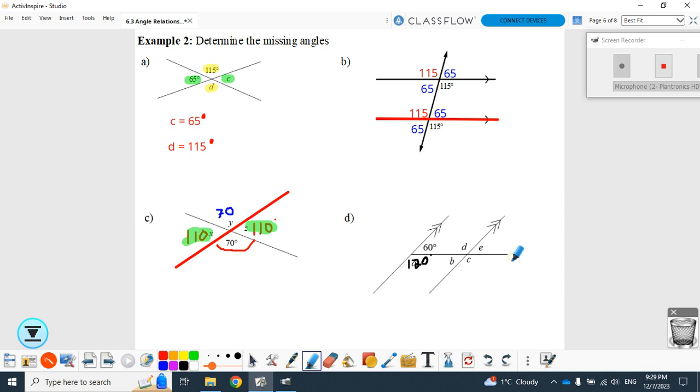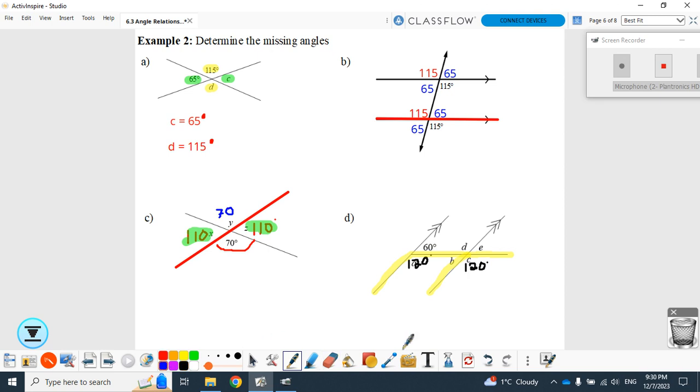There are so many different things to do in this situation, but if you look like this, you might notice some sort of F pattern. See the F? So if this is 120 in this armpit of the F, then there's another 120 under that armpit of the F.